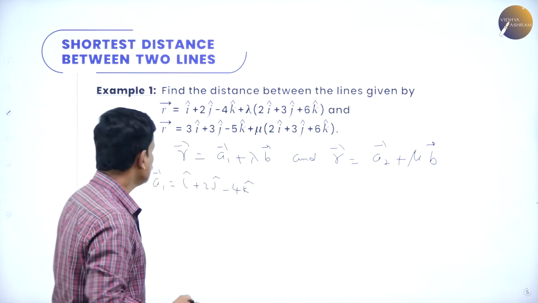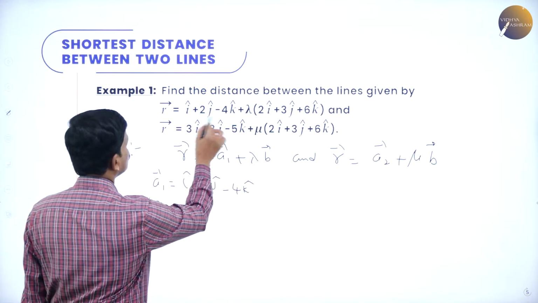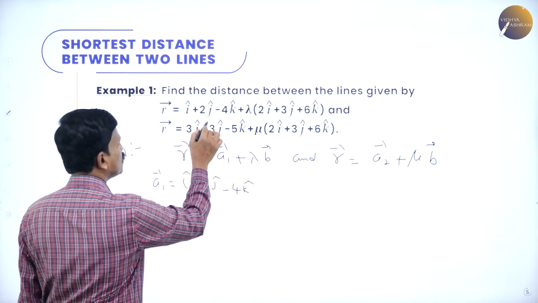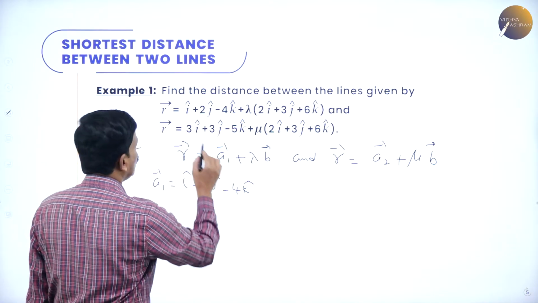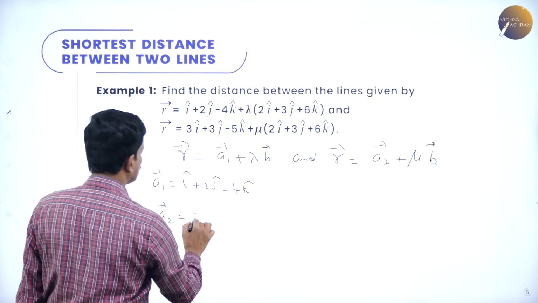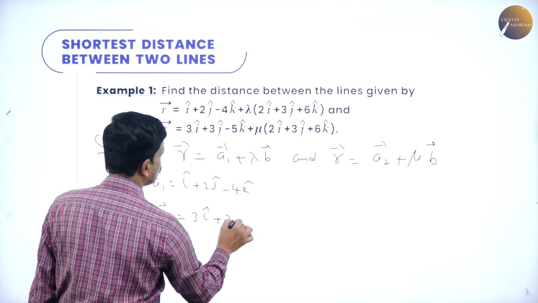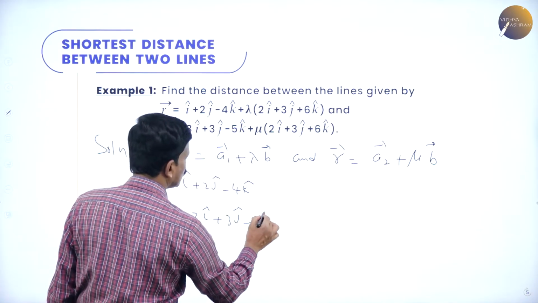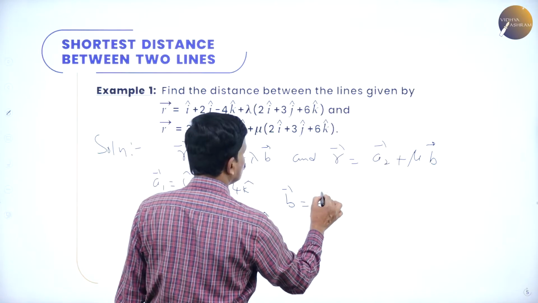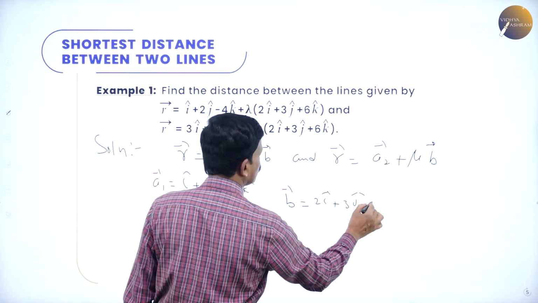Now here, a1 is the coefficients of i, j, k. Vector a1 is equal to i plus 2j minus 4k cap, and for the second line, vector a2 is equal to 3i cap plus 3j cap minus 5k cap. And what is the value of vector b? Vector b is equal to 2i plus 3j plus 6k.